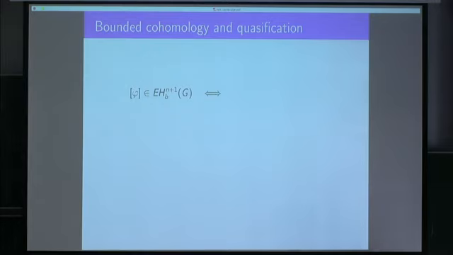Okay, bounded cohomology is related to coarse geometry and quasification, and this is one reason why it is related. There are many reasons, of course, but this is one reason. So if we take an exact bounded cohomology class, by definition, it admits a primitive. It is the coboundary of some possibly unbounded cochain.